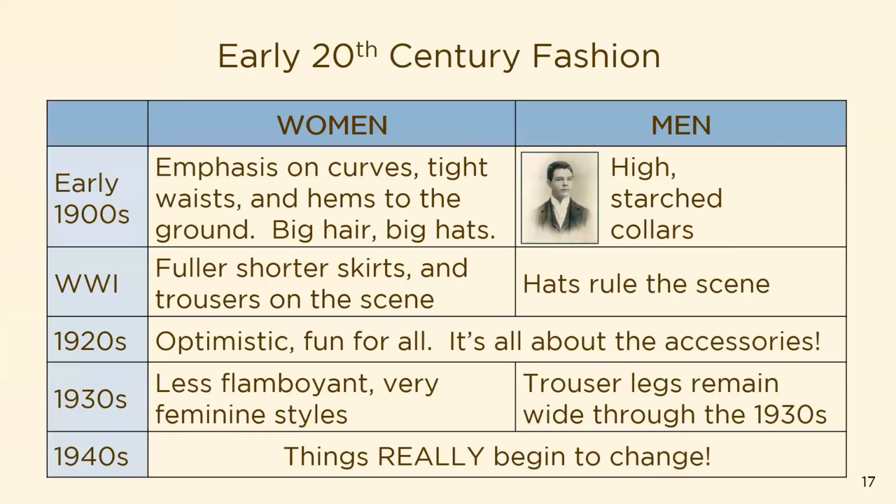Early 20th century fashion, and this is just a shortened version. Women emphasized curves. They had tight waists and hems went to the ground. Usually big hair and big hats.